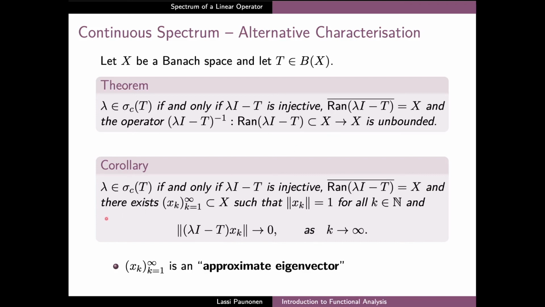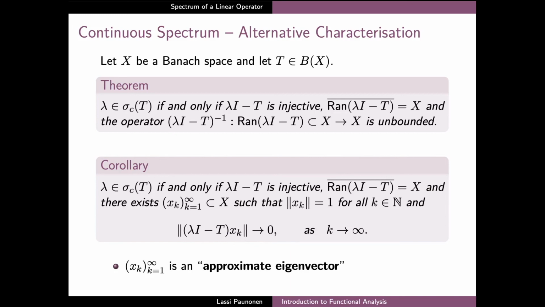As shown in the corollary, a complex number lambda belongs to the continuous spectrum of T if and only if lambda I minus T is injective and its range is dense in X, and in addition there exists a sequence of elements xk, all having norm equal to 1, such that the images of xk under the mapping lambda I minus T converge to 0 as k goes to infinity.